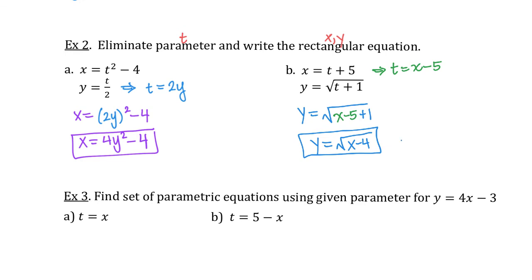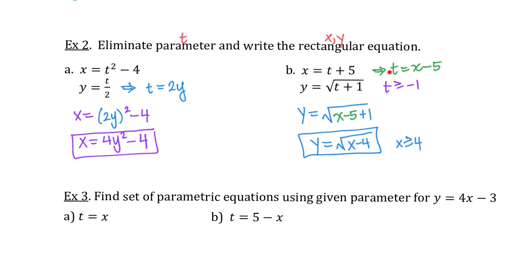I'm going to mention because we cannot square root negatives. So it must be true that x is greater or equal to 4. I could have also gotten the domain restriction from the top equations as well. If I look at y equals the square root of t plus 1, according to that equation, it must be true that t is greater or equal to negative 1.